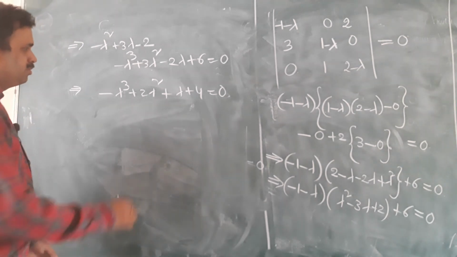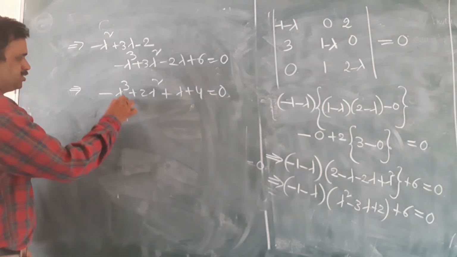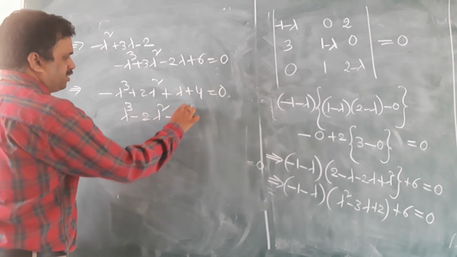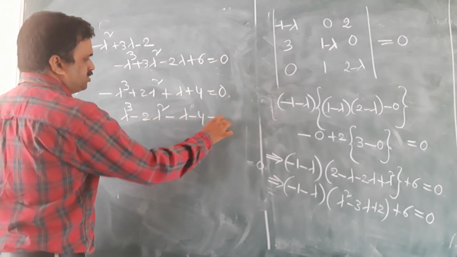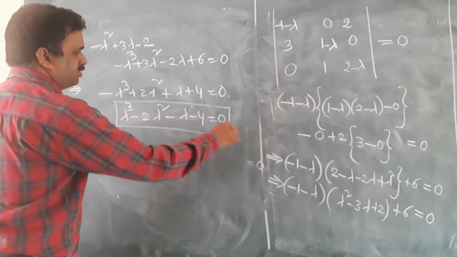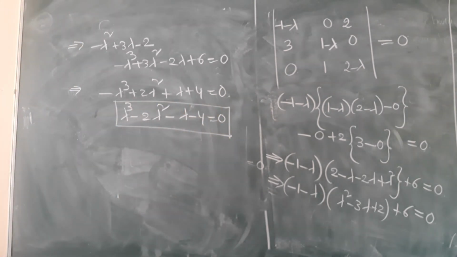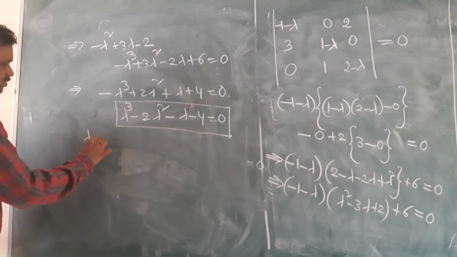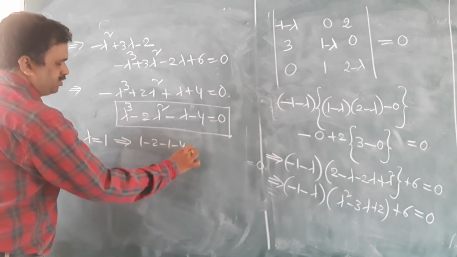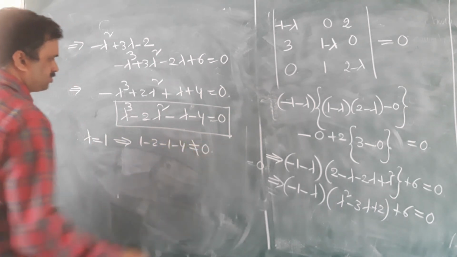I make it positive. Degree 3 first term: lambda cube minus 2 lambda square minus lambda minus 4 equal to 0. For this polynomial we have to find the roots. Try once. Lambda equal to 1: 1 minus 2 minus 1 minus 4 is not equal to 0.